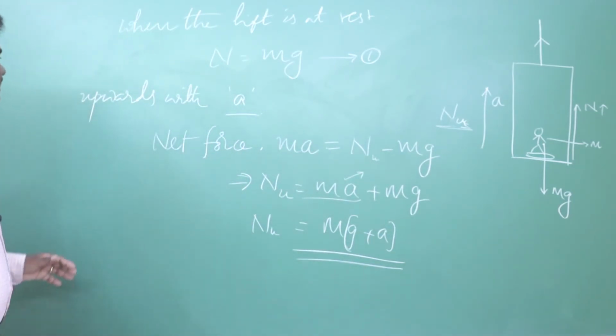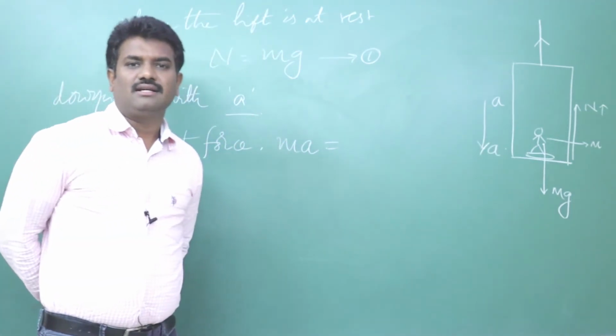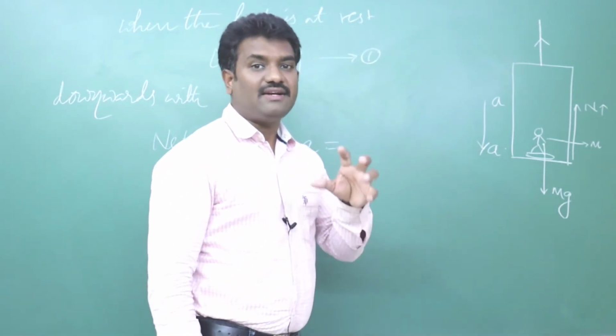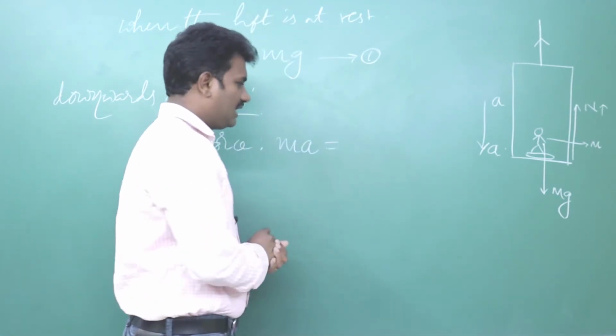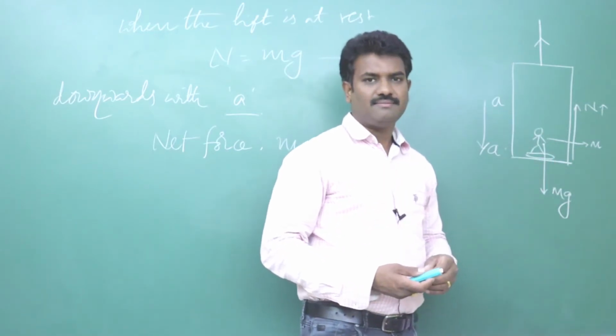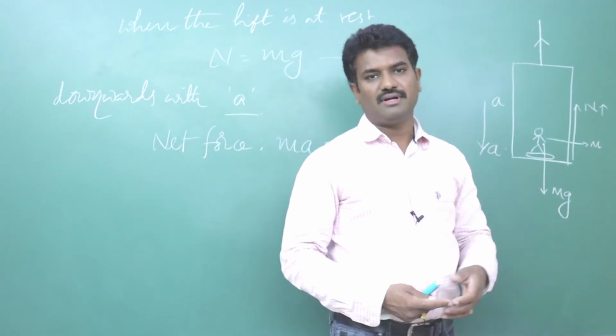Now let us see when the lift is moving in the downward direction with an acceleration a. Now imagine the lift is moving in the downward direction with an acceleration a, then the net force will be in the downward direction. The net force is equal to m into a only. Now what are the forces acting on the person on the weighing machine? One is mg acting in the downward direction, and the normal reaction acts in the upward direction.